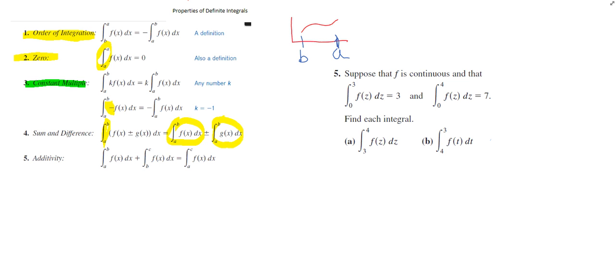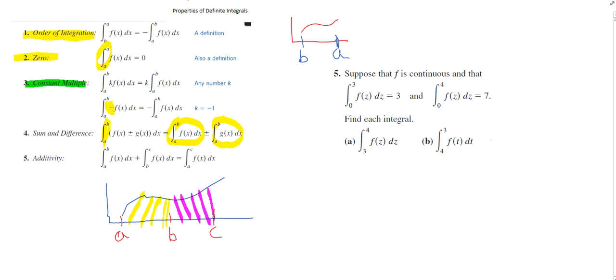This is saying that you have some function and you're going from, say, A to B. So you're going from here, this A, to say this B, and then you're going to add to it going from B to C. In other words, if you split this up into two parts and you evaluate this one first, and then say you do this pink one over here from B to C second, it's the same thing as evaluating it over the entire interval from A to C.